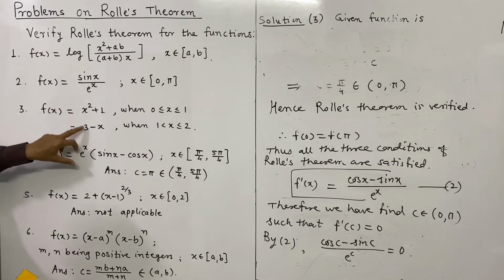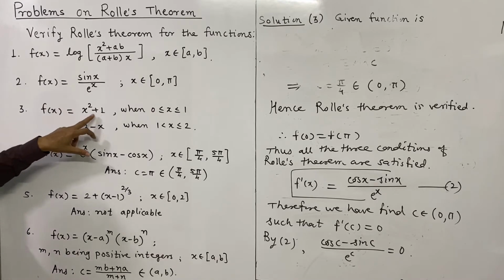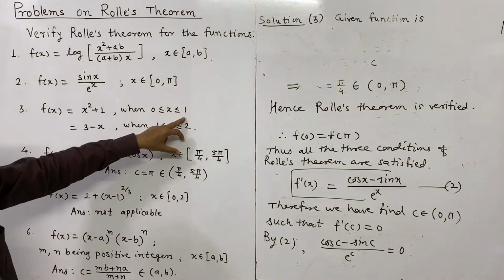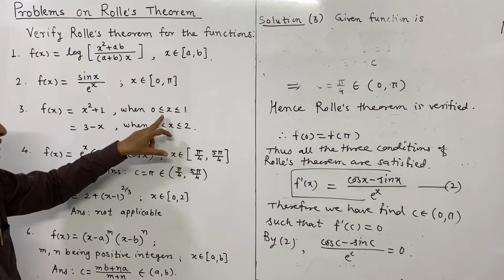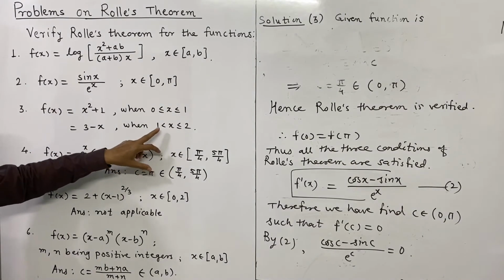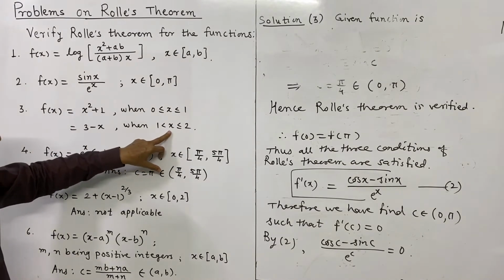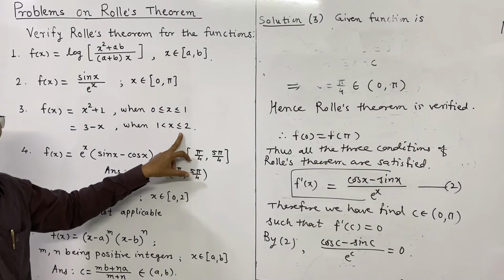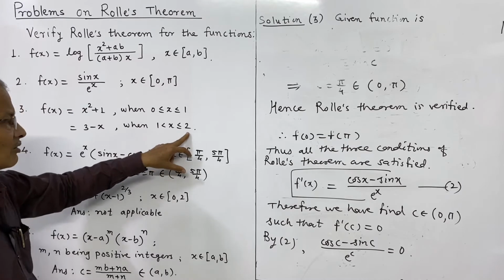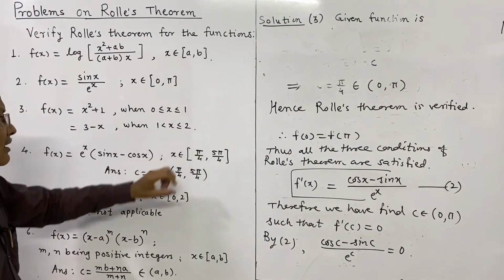F of x is x square plus 1 when x lies in the closed interval 0 to 1, and it is 3 minus x when x is in the interval 1 strictly less than x less than or equal to 2. It is a semi-closed interval, open at one end and closed at the other end.